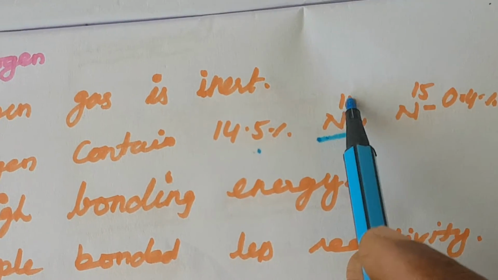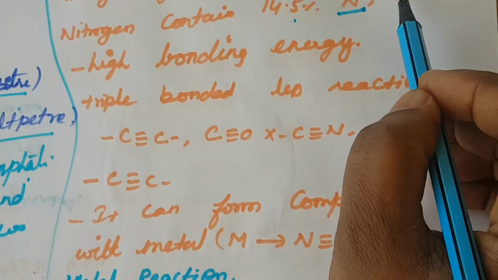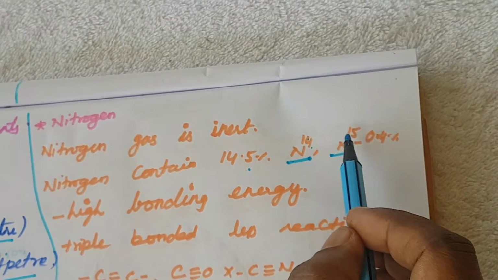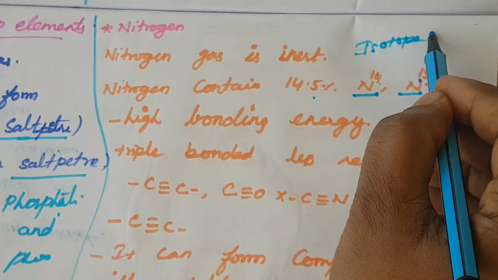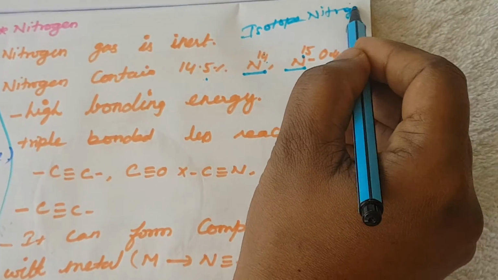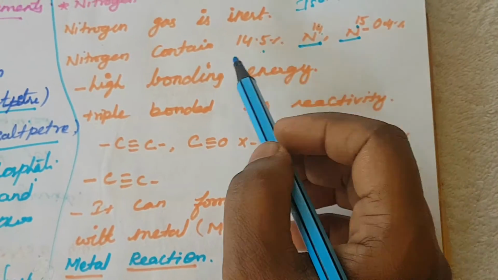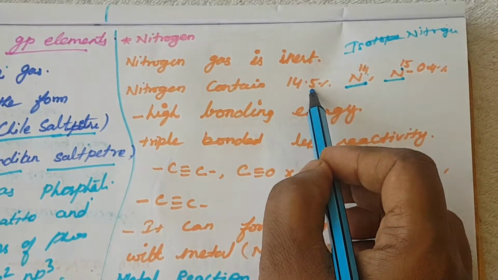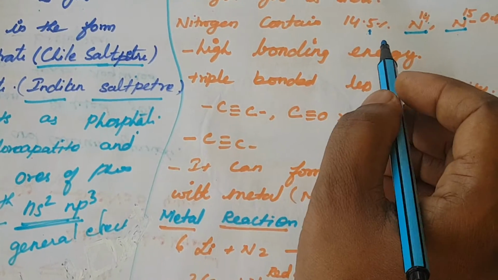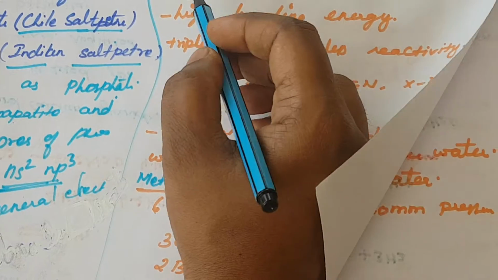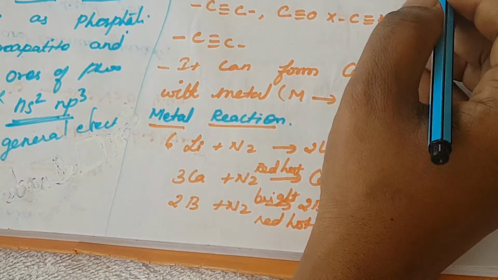N15 is called terrestrial nitrogen, involved in biological processes.